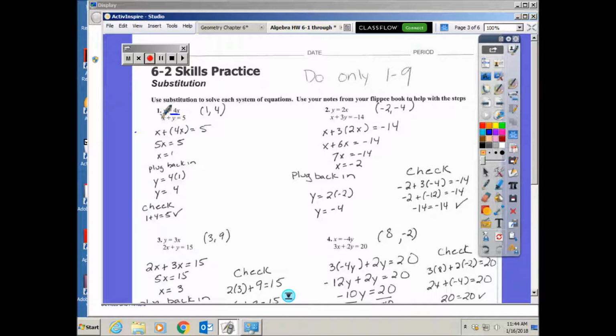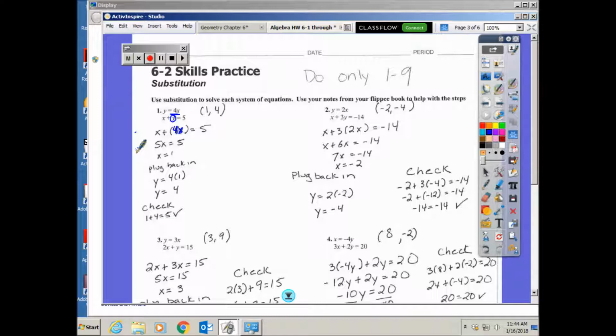So our first equation, y equals 4x, we're going to take that expression, 4x, we're going to take out the y in x plus y equals 5, and we're going to substitute in, meaning in place of the y, we're going to put 4x. So I'm writing over in blue, that's where my substitution is.